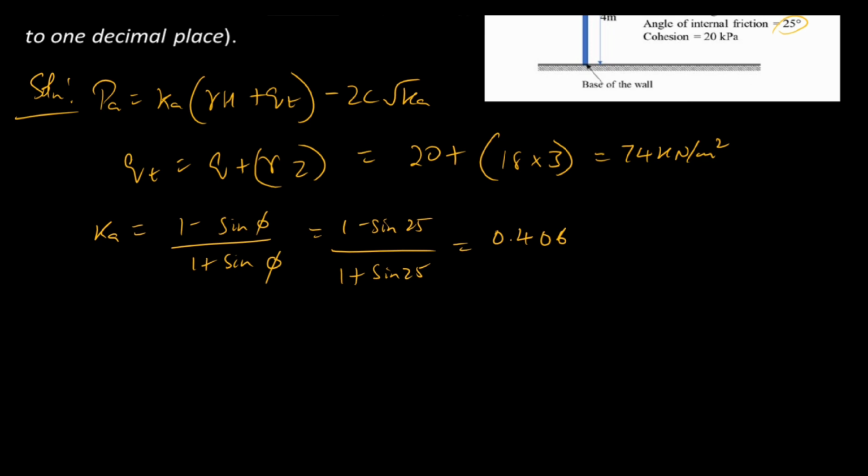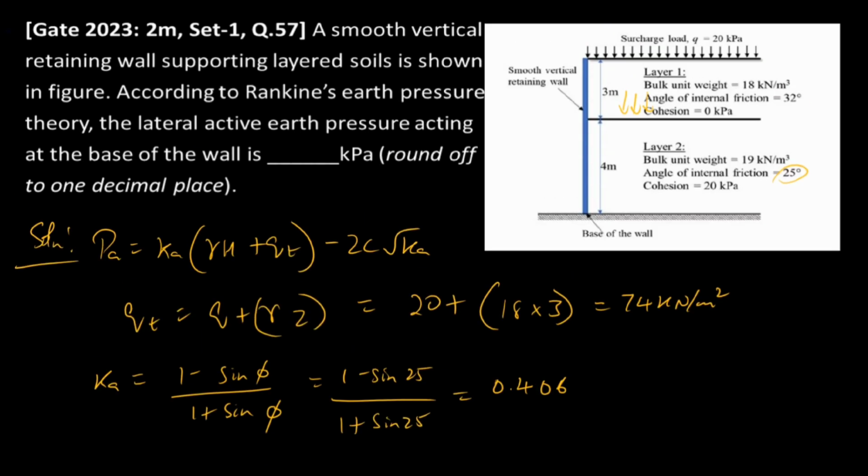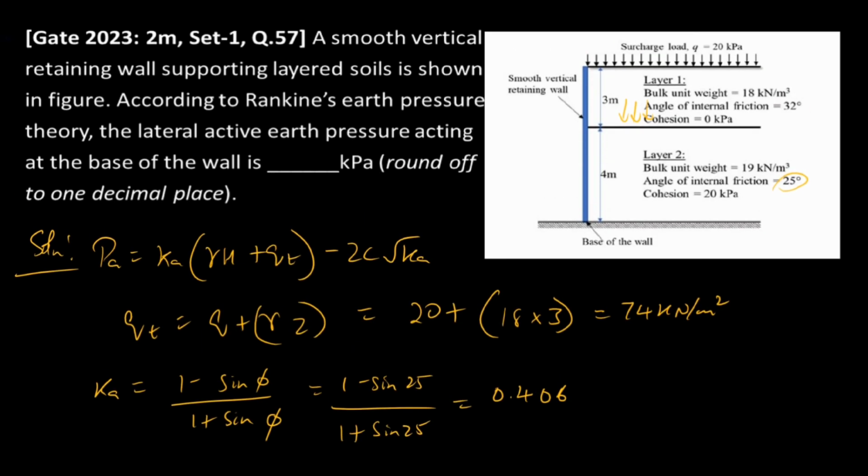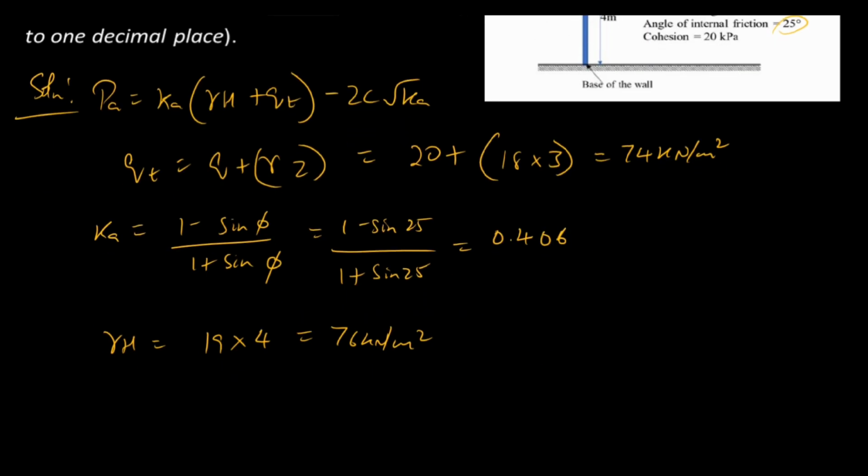Right. So if you find out the value of gamma h, it is nothing but gamma, that is 19, into h, which is 4 meter, which gives you 76 kilonewton per meter square. Gamma h, we are considering it for layer 2, right? Yes. Now we'll solve all this in the equation.